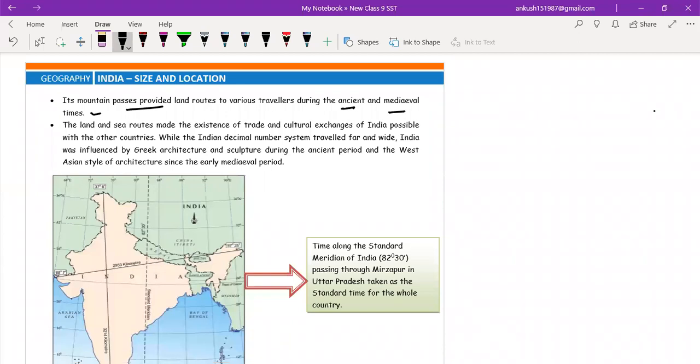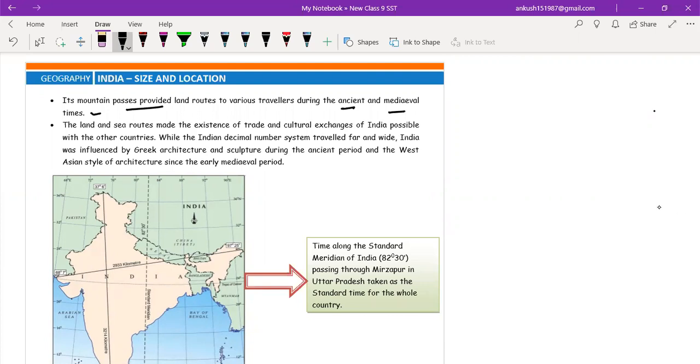Now, in ancient times, there were no such transport facilities available. So what the people used to do in ancient time, they used those roads which were passing through the forest, the passes.